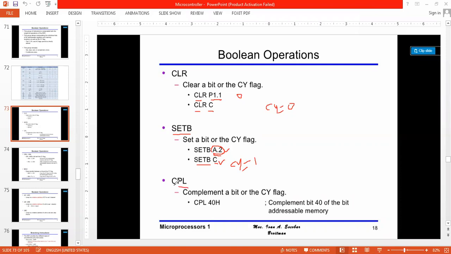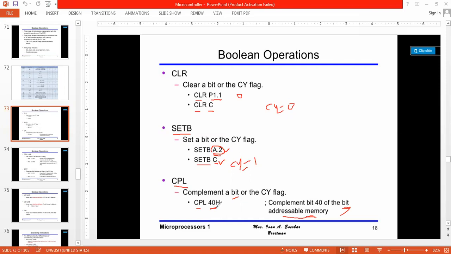Then complement, CPL: complement a bit. So CPL 40H. 40H is a memory location, an address in the bit addressable memory. If you go back to the RAM memory organization, from 20H to 2FH there are different memory addresses.